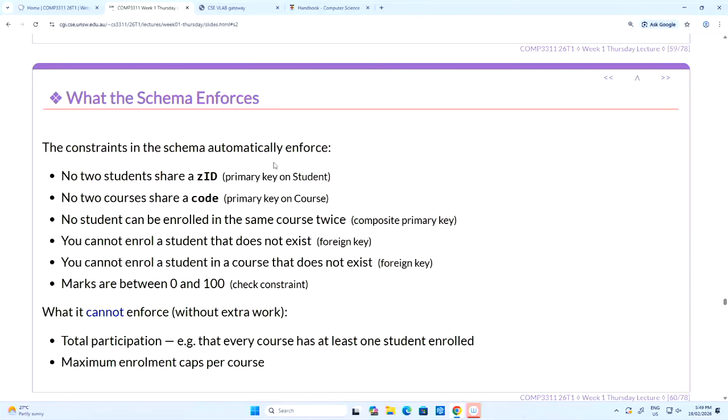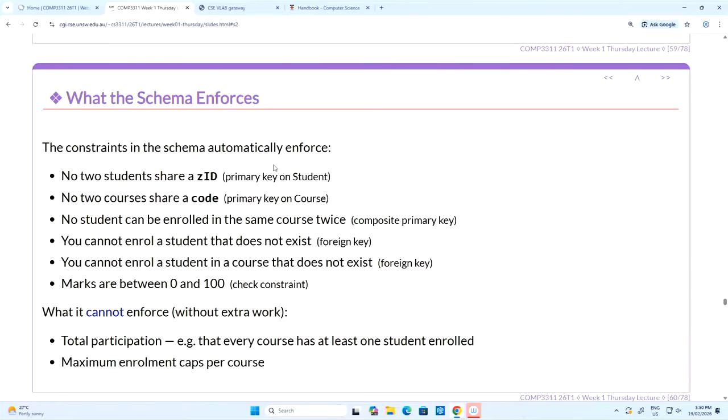So let's say we have already entered an enrollment data, Jerry, Z520-1685, enrolled in COMP3311, and mark fail. And then if you try to enroll Jerry, Z550-1685, 9311 pass, then it's a violation of the primary key constraint because you have entered 2 rows with the same primary key.